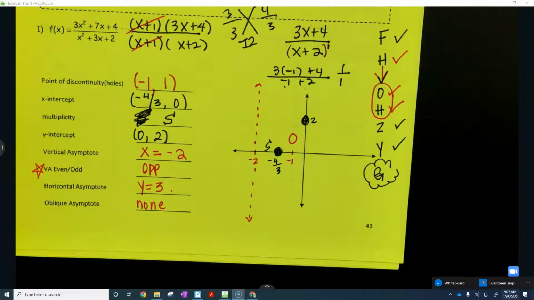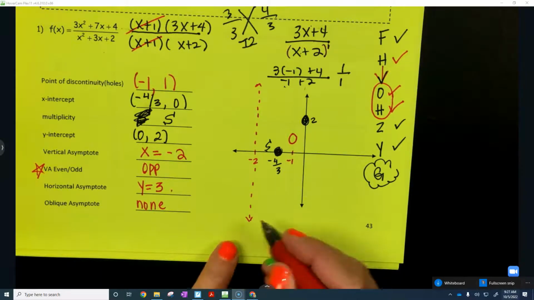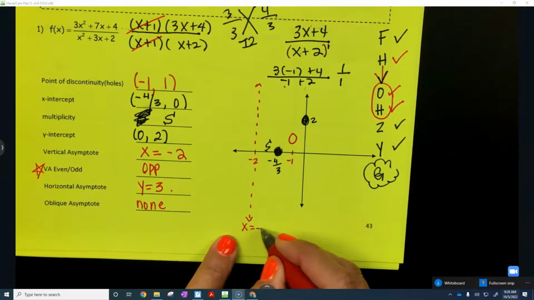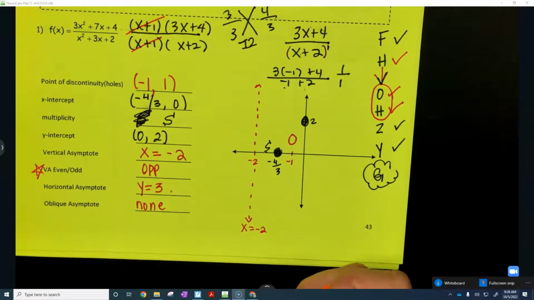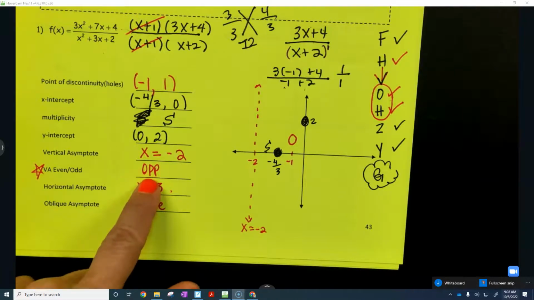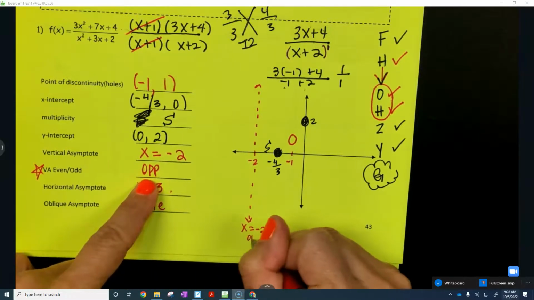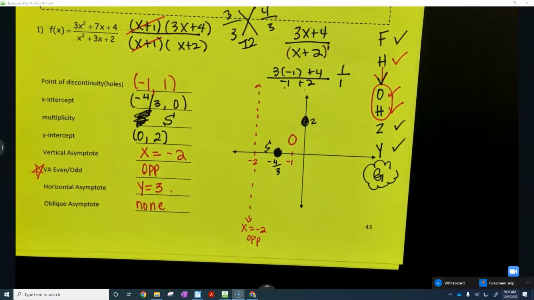After you draw a dashed line, you are not done with that vertical asymptote. You have to label it. We have to write x equals -2, but most importantly, you have to write OPP for opposite under that. You have to write that. If you don't write that, I'm taking a lot of points off. You have to write that. All right. What else?